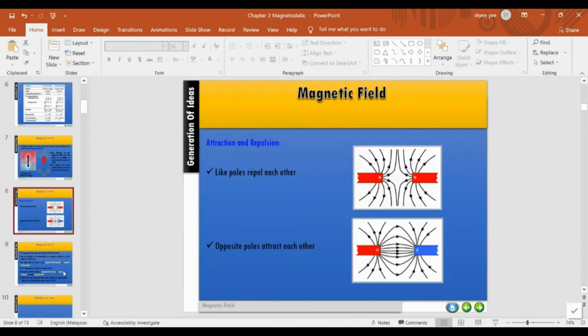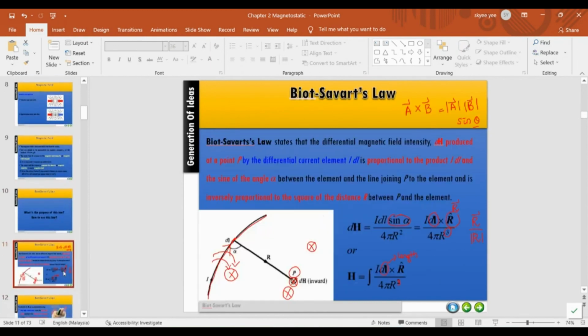So this one I think you know. This one is the wrong symbol. It should be a vector R. Later I will correct it. Vector R, this is 2 and this is correct. Later I will correct this. So this is the Biot-Savart's law. It states that the magnetic field intensity is proportional to the current.